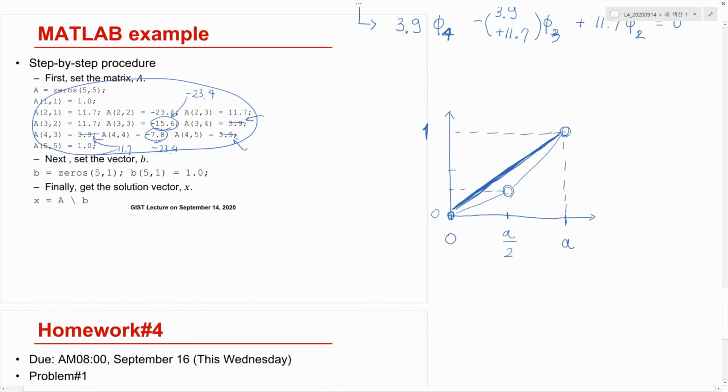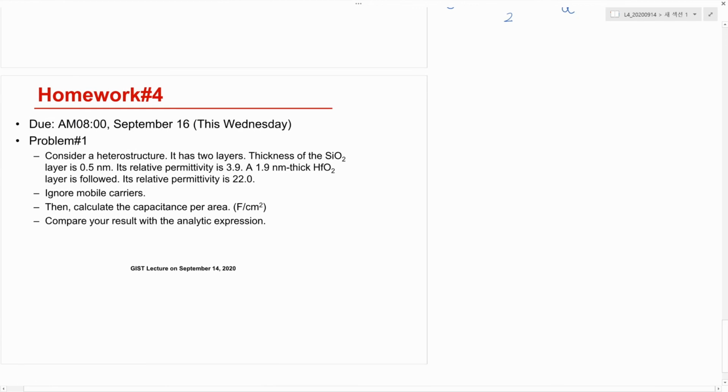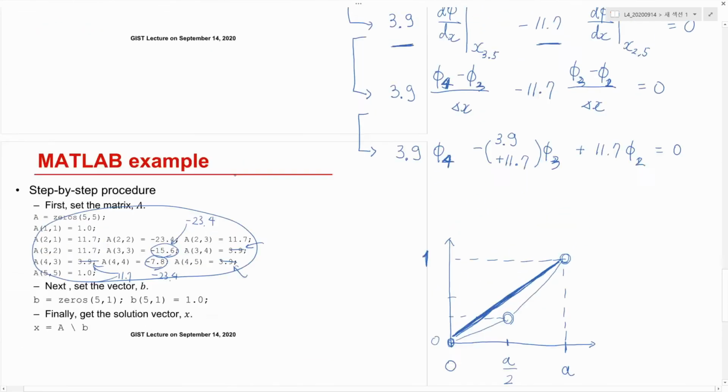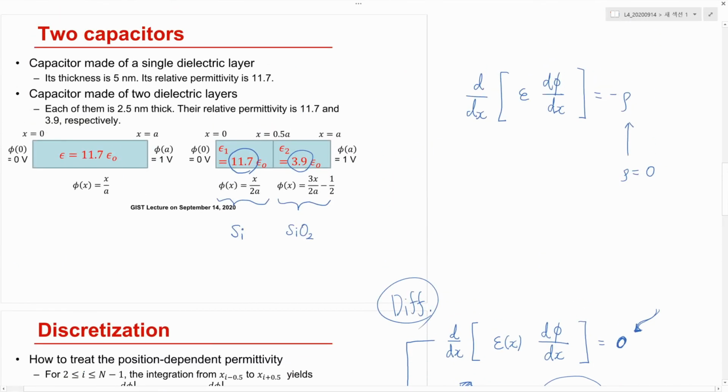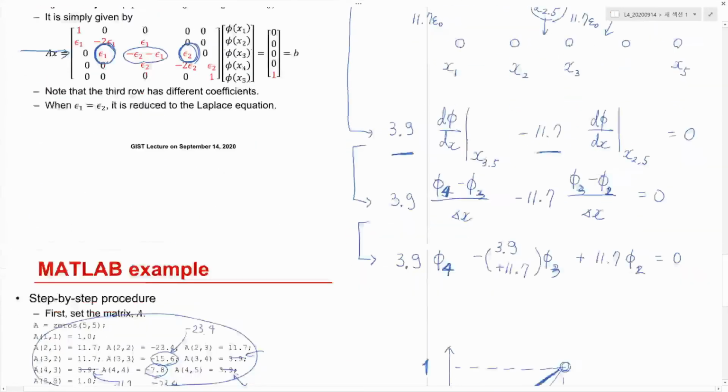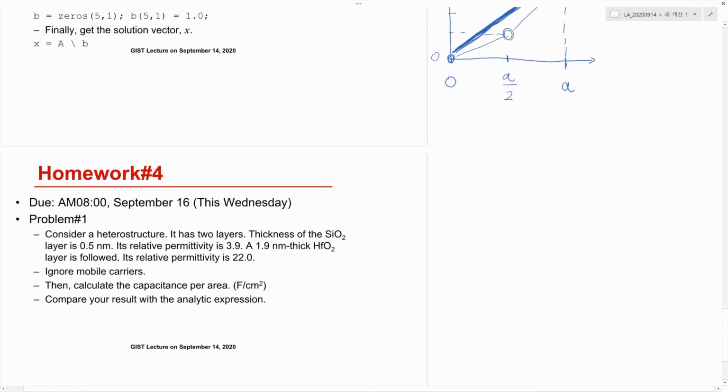Okay, so I think that's it for our lecture number 4, and the homework is given to you. Now consider a more realistic case. In the lecture, we have considered a simple system with half silicon and half silicon dioxide, but in this homework problem, we are now considering a more realistic case. Here we have two different materials.